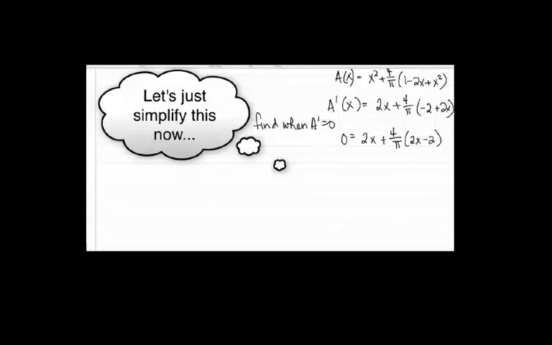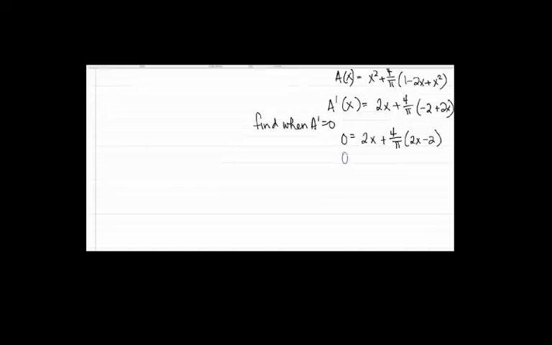Pi is just a constant, so I'm going to get rid of that by multiplying everything by pi. So the pi cancels, and then I'll have 8x minus 8. Solving for x leaves me with 8 over 2 pi plus 8, which is 4 over pi plus 4.